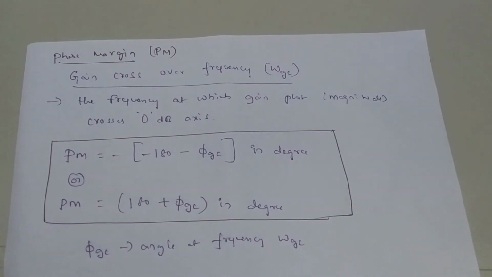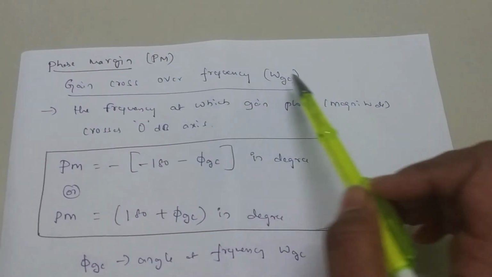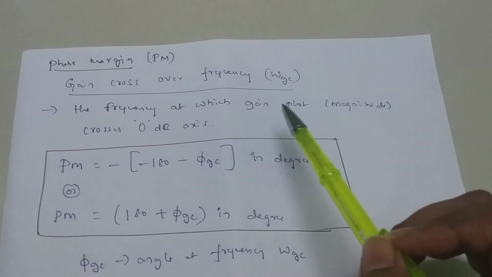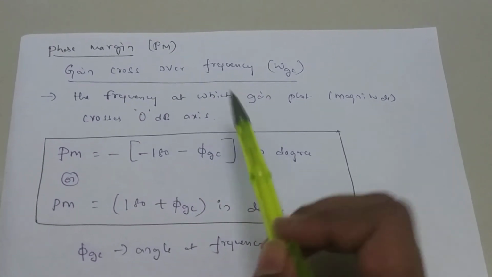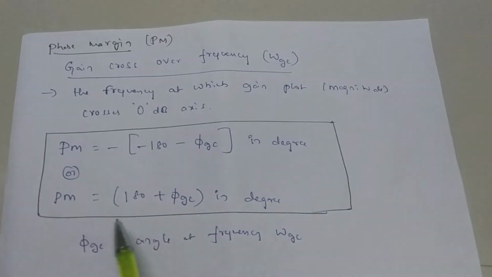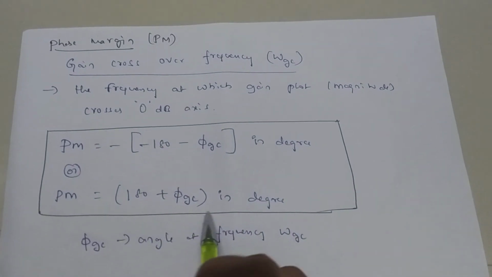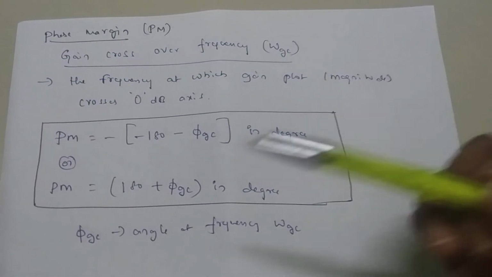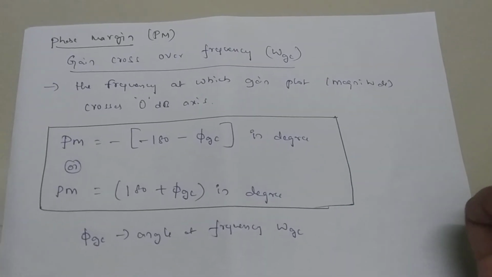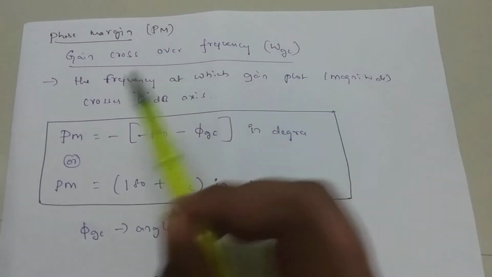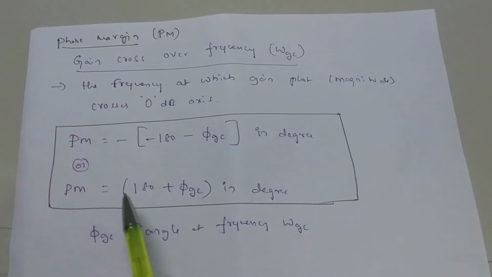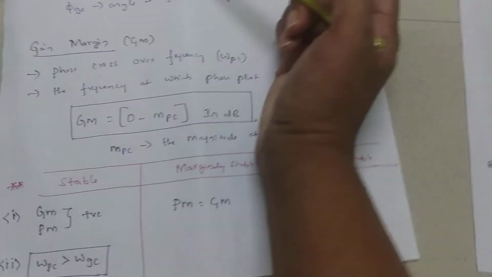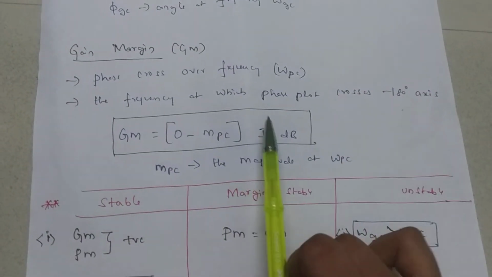That is the frequency at which the gain plot magnitude crosses the 0 dB axis. For phase margin, it is 180 plus phi GC. For gain margin, it is 0 minus the magnitude at the phase crossover frequency. You should remember, if it is phase margin, the plot should start from minus 180. If it is gain margin, the plot should start from 0.